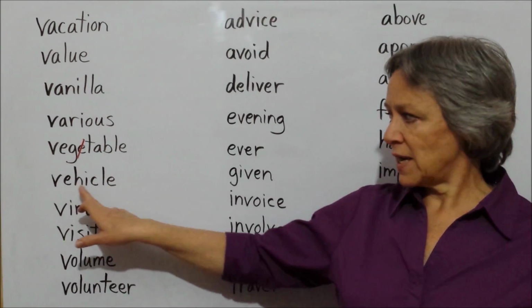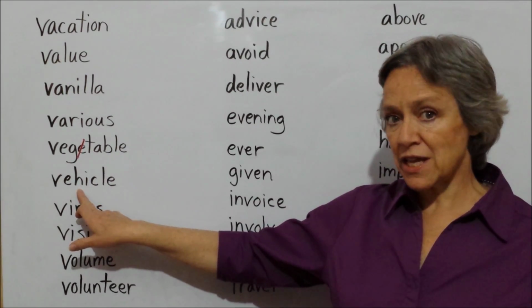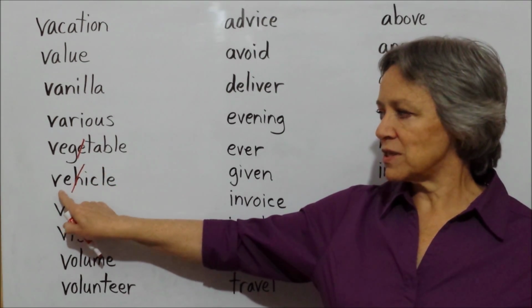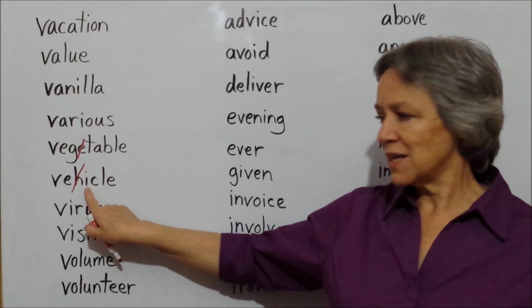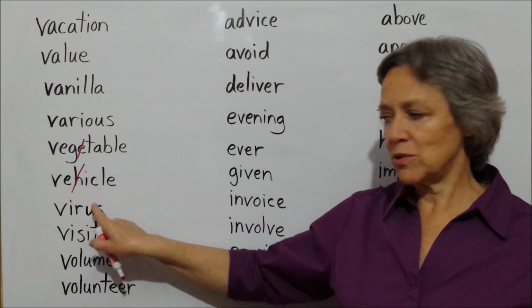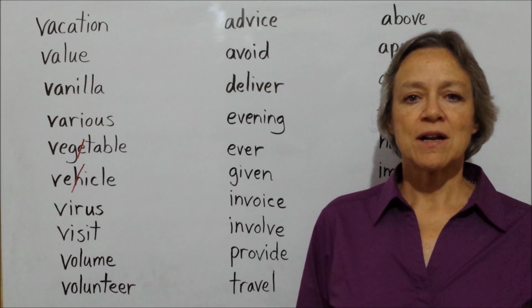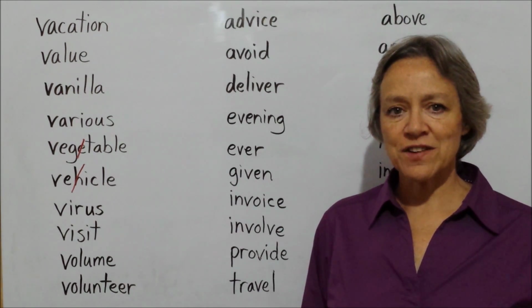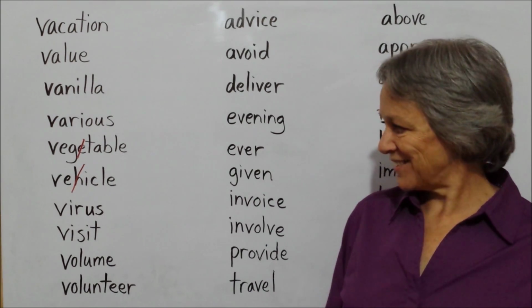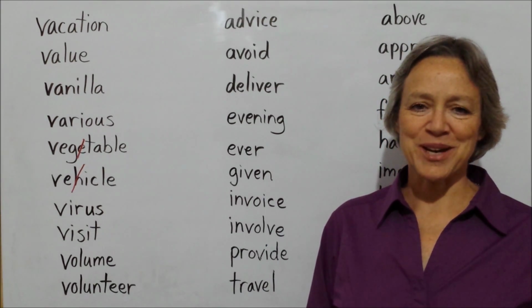This word has the letter H, but the letter H is not pronounced. So this is vehicle, vehicle. We do not pronounce that H. It's a 3-syllable word, vehicle, vehicle. All right? And I think the others are okay.